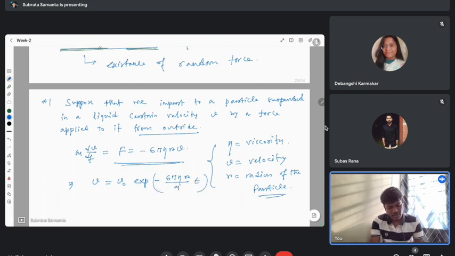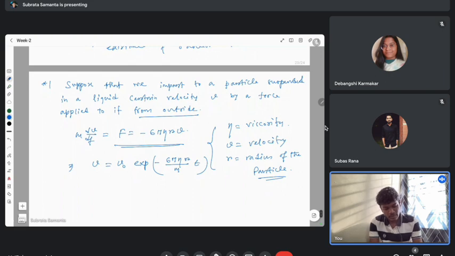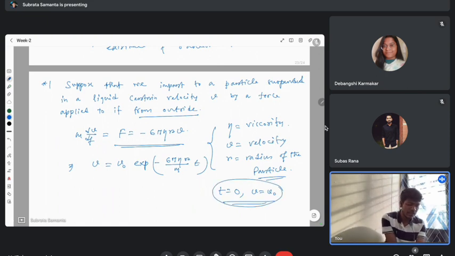So v0 is the velocity imparted at t equals 0 by an external source, and after a certain time t the velocity v is exponentially decaying. So the particle loses its original velocity nearly completely in a very short time, through friction.